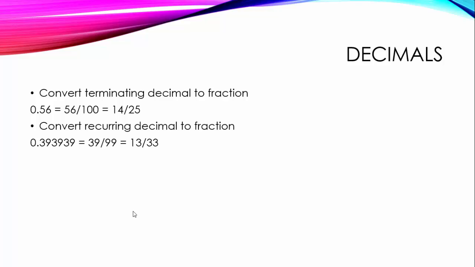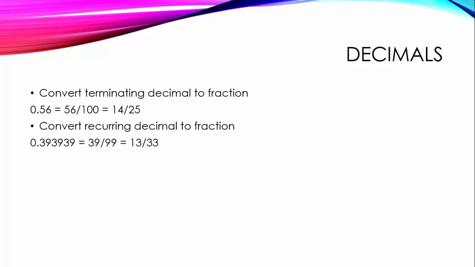Now, converting decimals to fractions, we have two kinds: converting a terminating decimal to a fraction and converting a recurring decimal to a fraction. To convert a terminating decimal to a fraction, calculate the total numbers after the decimal point. Here we have 0.56, total numbers after the decimal point is 2.